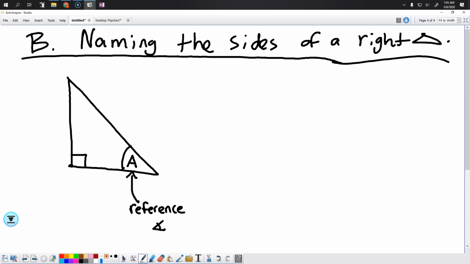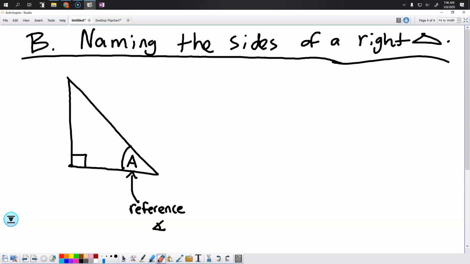We're going to start by picking one of the acute angles in the triangle. Not that the only one you don't use is the 90-degree one, but we'll pick one of the acute angles, like this one here. I'm going to call it A, and that's the reference angle.